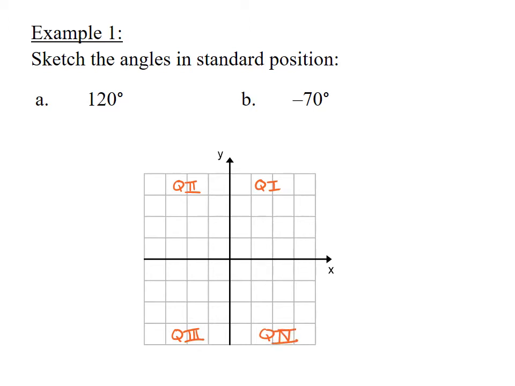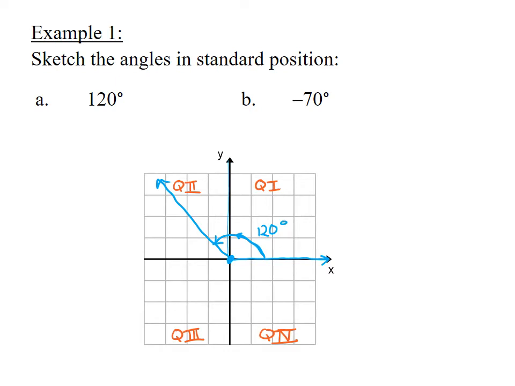So remember, we will always start on the initial side, which is the x-axis, where the origin is the vertex. 120 degrees goes in a counterclockwise direction, so it's going to go this way. We should know that this is 90 degrees, so we need to go beyond that. So this angle here is a sketch of 120 degrees.